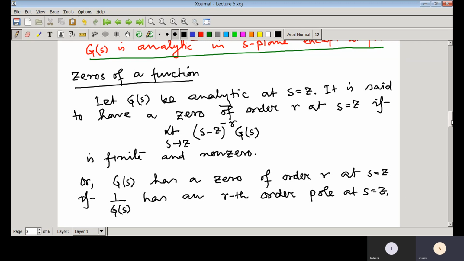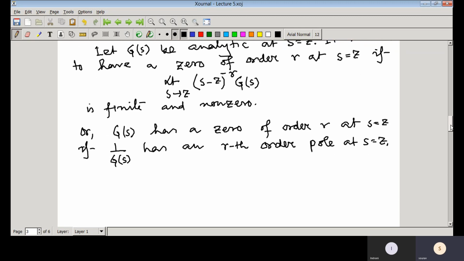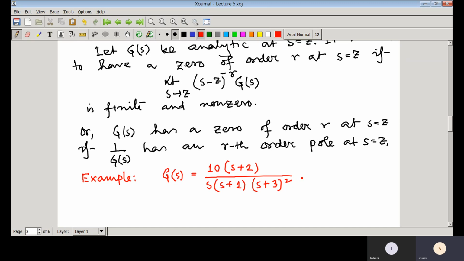Again, this thing would be clear if you see the example. So here we are taking one example. Suppose G(s) is that plant, that is 10 into (s plus 2) over (s plus 1)(s plus 3) whole square.